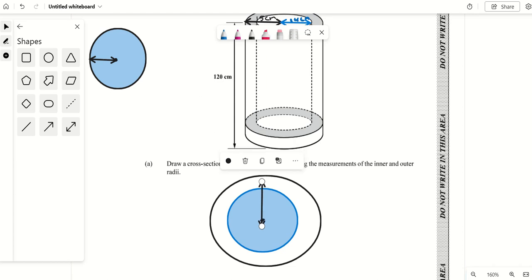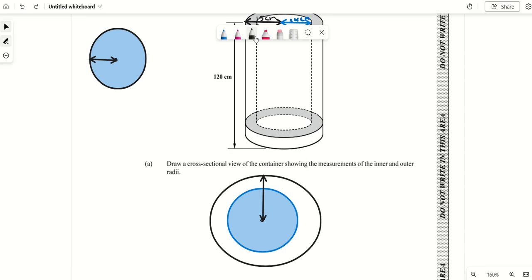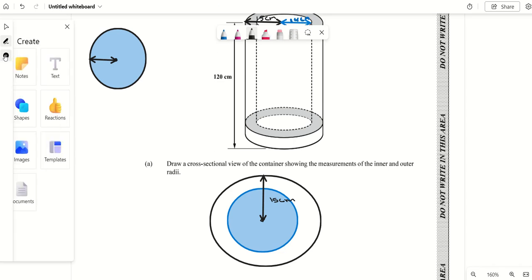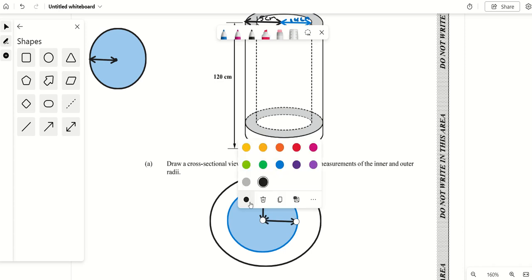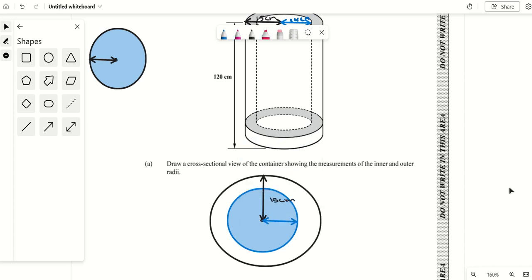So this is 15 centimeters. And then we're going from the inner circle, the blue part, to the center of the circle. We'll put that in blue so we can differentiate. That there is 14 centimeters.